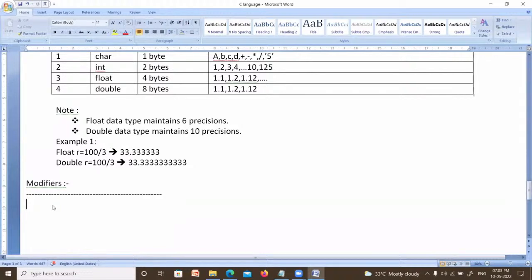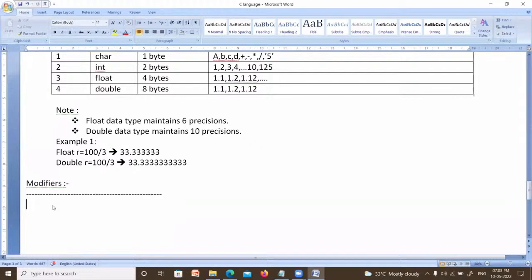C language provides 4 types of modifiers. One is long. Second one is short. Third one is signed.